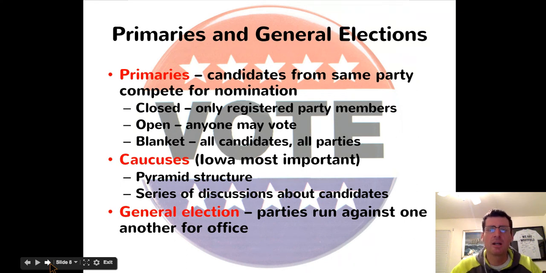Okay, in a closed primary system, you have to register with the party in order to vote. In an open primary system, anyone can vote in any primary. And then you have some blanket systems where everyone votes. Caucuses are more of a debate society. Only a couple of places do them, most importantly, Iowa. And then finally, there's the general election, where parties run against one another for office.